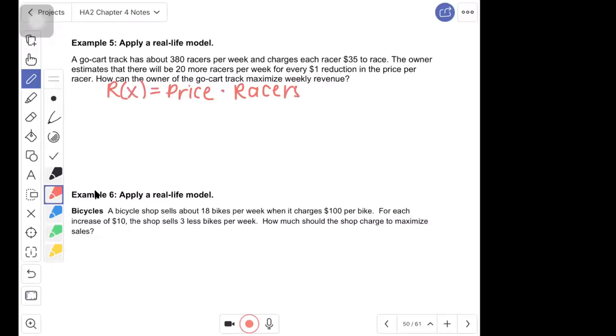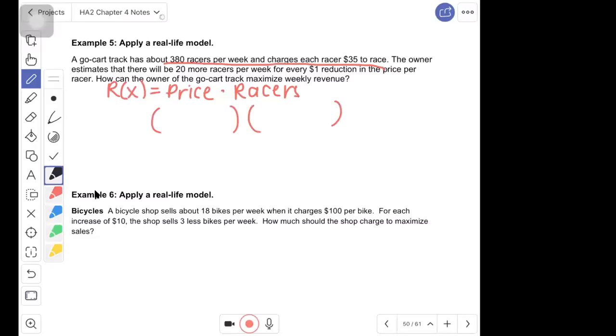So they're saying a go-kart track has about 380 racers per week and charges each racer $35 to race. So that's the original, what they're charging right now. So for our price function, we have two different parts, price and racers.